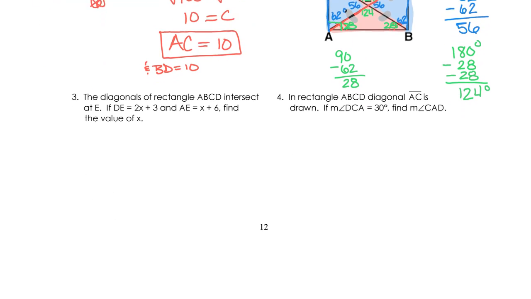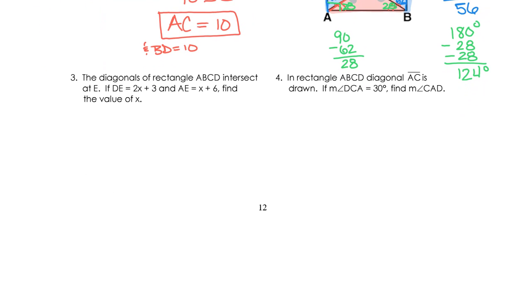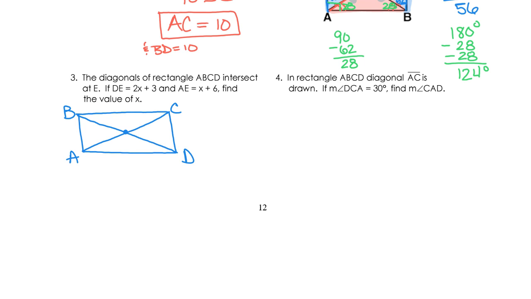All right, number 3, it says that the diagonals of rectangle ABCD intersect at E, if DE is 2x plus 3 and AE is x plus 6. Find the value of x.